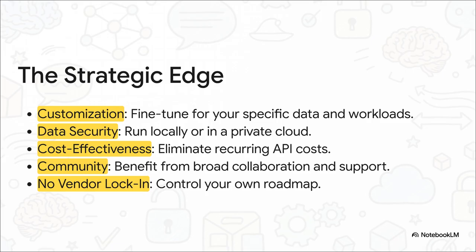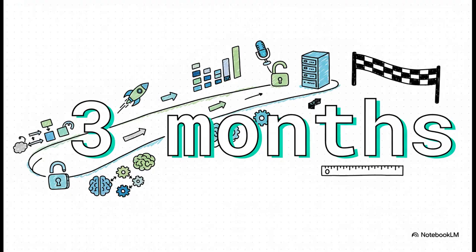And maybe most importantly, you are in complete control of your own destiny, totally free from vendor lock-in. And hey, if you're worried about falling behind the cutting edge, consider this. According to some incredible research from Epoch AI, the performance gap between the best open-weight models and the state-of-the-art proprietary ones is now only about 3 months. 3 months! The playing field has seriously never been more level.